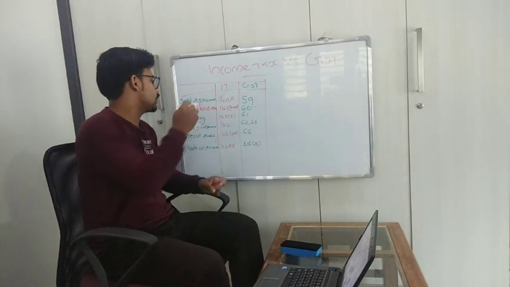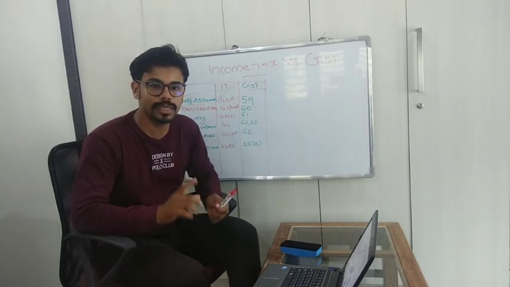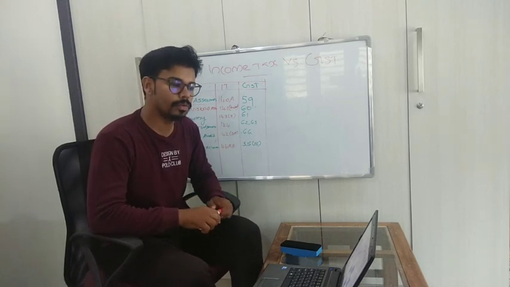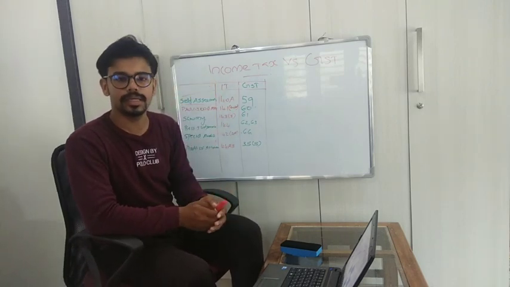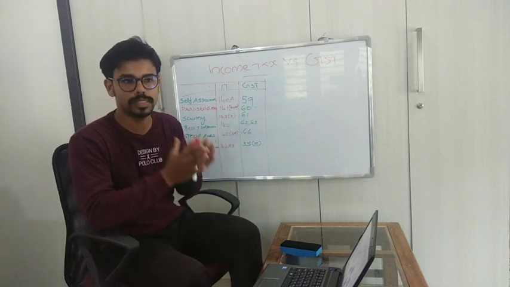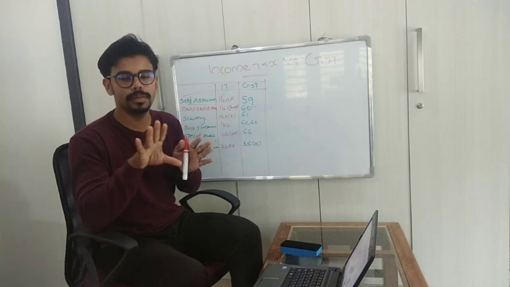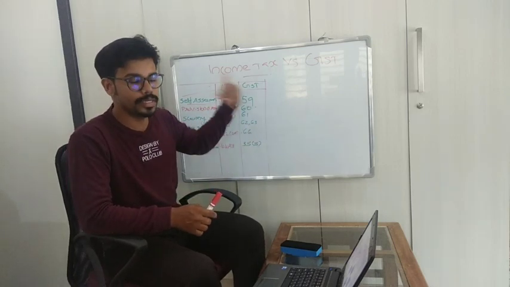Self-assessment: both income tax and GST are built on the principles of self-assessment, because in both, the act says that the taxpayer has to assess his tax liability on his own without depending on any tax authority. He has to assess his income on his own.